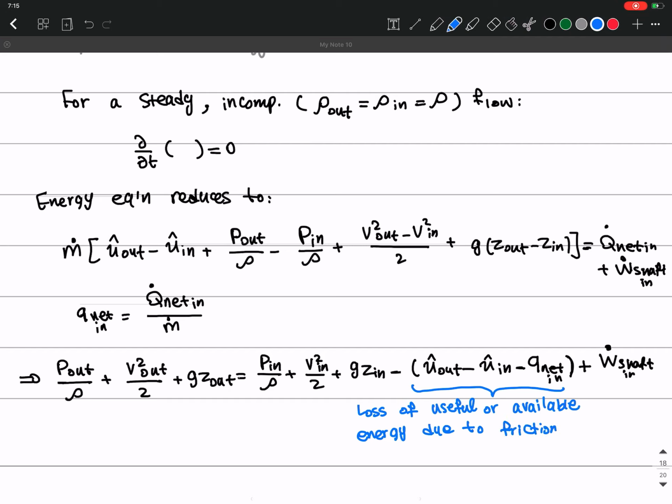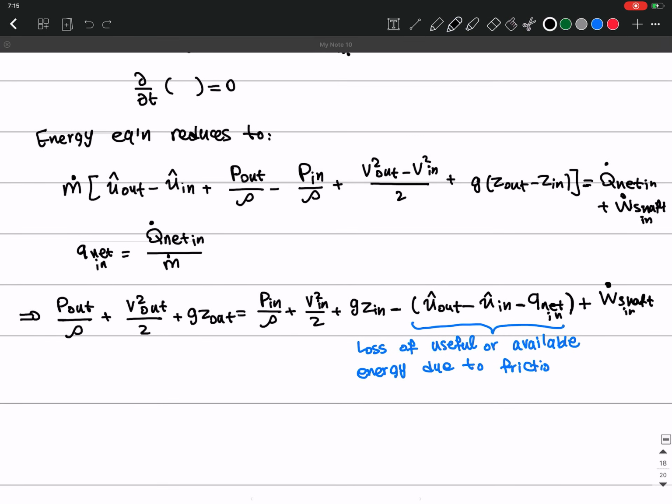So this is the internal energy, how much is lost. And then the total heat is how much has been converted to heat. So this is what we call loss of useful or available energy because of friction. And this is just the work done on the system. If you have a shaft or something that is going to elevate the energy in the system, okay?